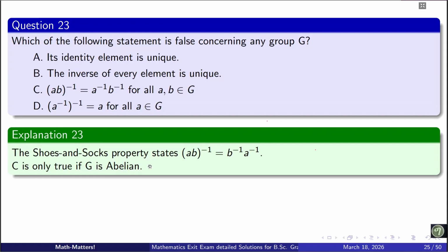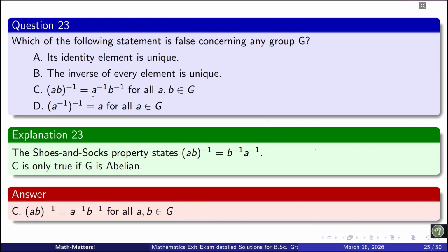So the false statement, or the one which may not be considered true, could be C, so the answer is C.